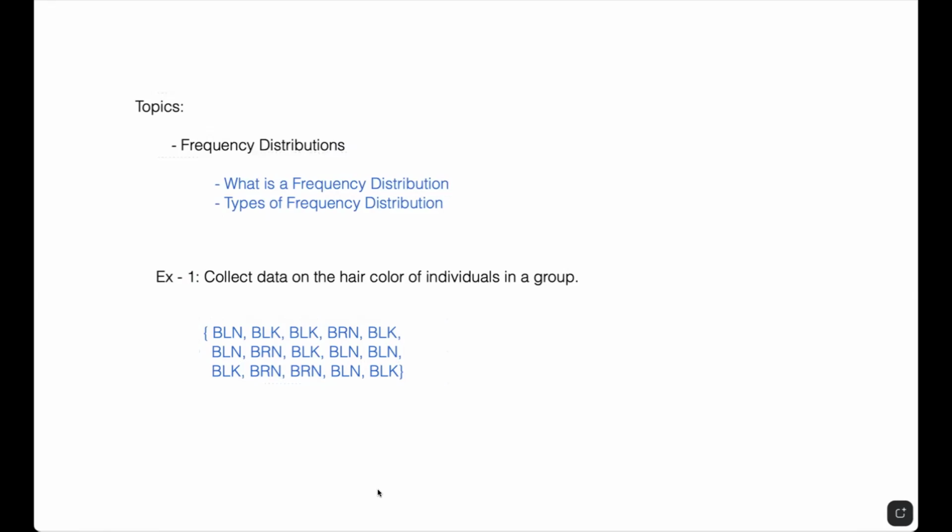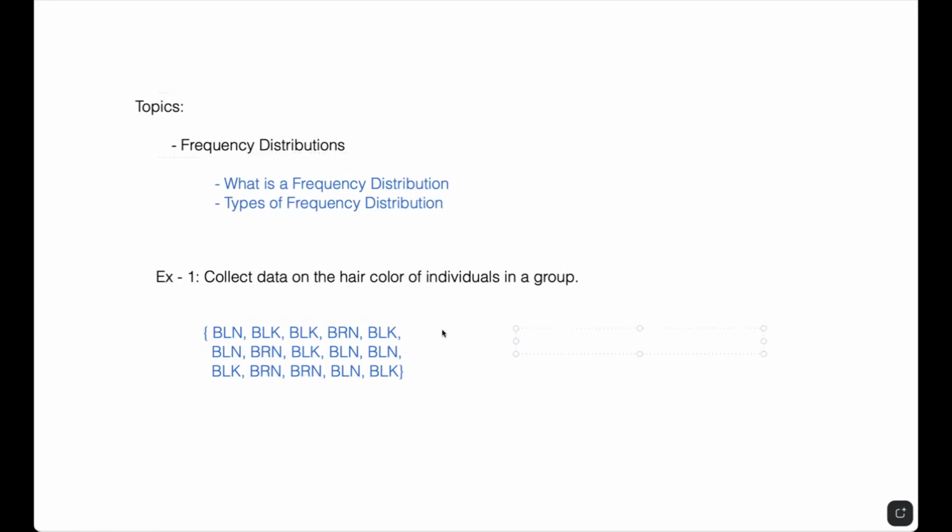Now, looking at this data set in its raw form doesn't give you much information about the pattern or trend in the data, right? So a better way would be to organize the data in the form of a table, right? Where we simply list the different classes of observations, which are in this case the different categories, and the corresponding frequency, like how many instances of each category occurred in the sample that we collected, right?